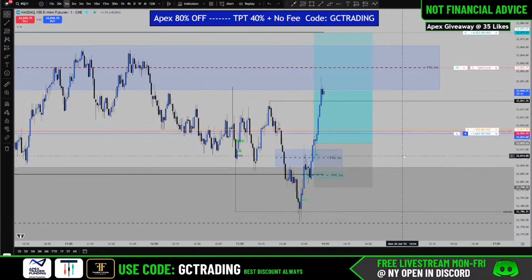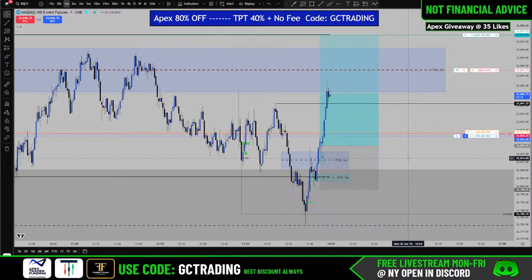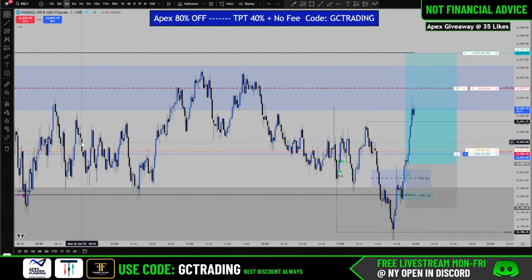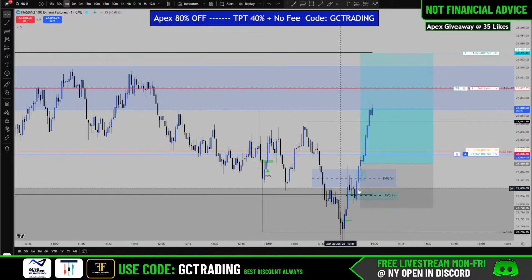So yeah, that's the model right there. Obviously I didn't trade my live or my funded accounts because it was a very choppy day, very slow delivery.